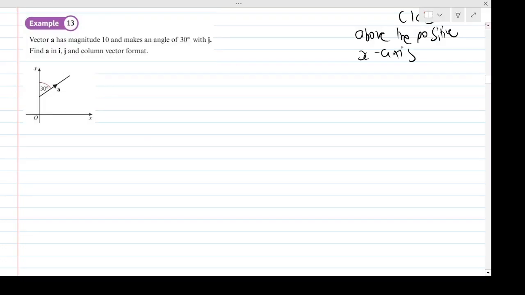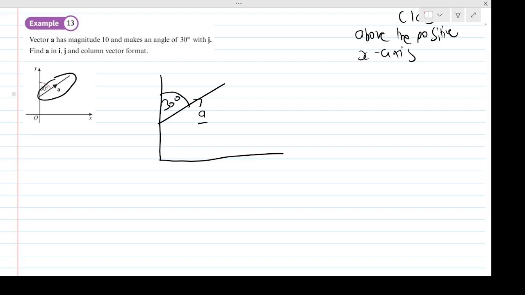I'm going to replicate that again and make it a bit bigger. So we have the vector A and this angle 30. The vector A is the line, but we're told the magnitude of the vector is 10, which is the length of the line. So this is going to be 10, the length of the line.